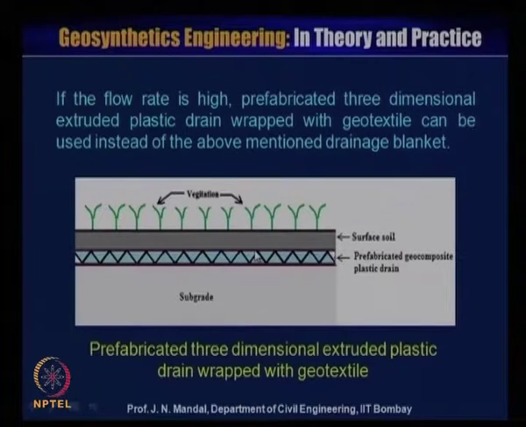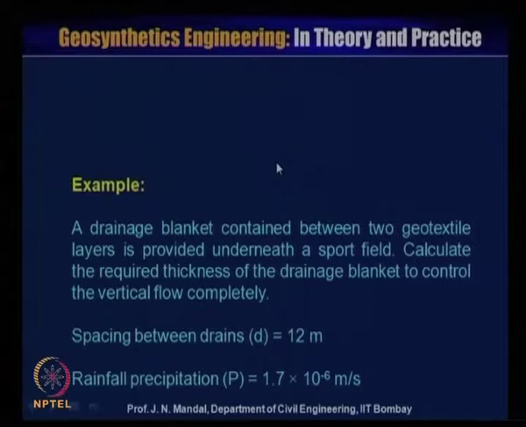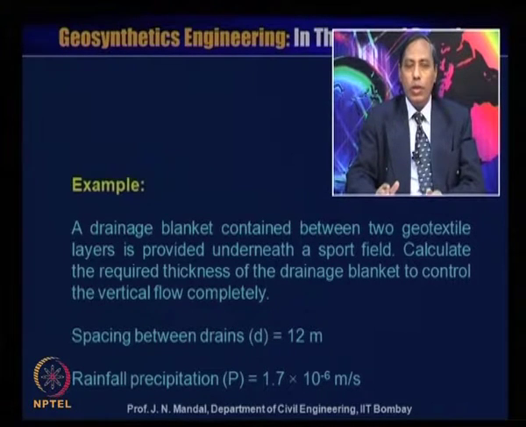plastic drain. So, we are giving one example: a drainage blanket contained between two geotextile layers is provided underneath a sports field. Calculate the required thickness of the drainage blanket to control the vertical flow completely.